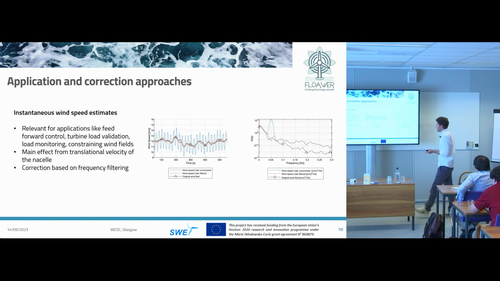So if this motion influence is represented by one frequency, and we see this as a distinct peak here in the frequency spectrum, this pitch frequency, then the idea is just to filter this frequency region out, basically, or damp this frequency.